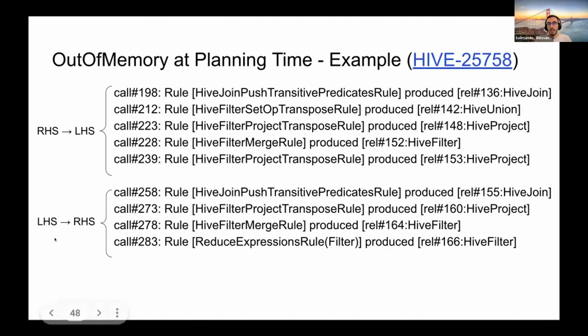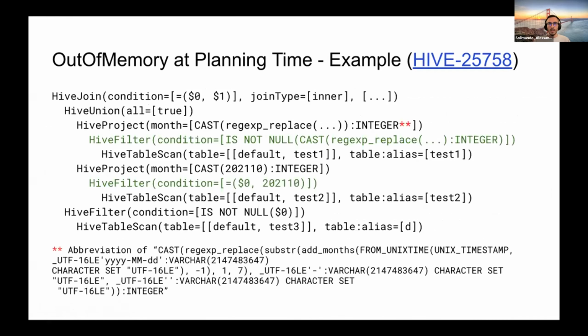And the same goes for the converse, from the left-hand side to the right-hand side. Then there are some more rules that are applied that are trying to push the filters all the way down and merge them with the existing ones. So with all this in mind, let's have a look at the genesis of the issue.